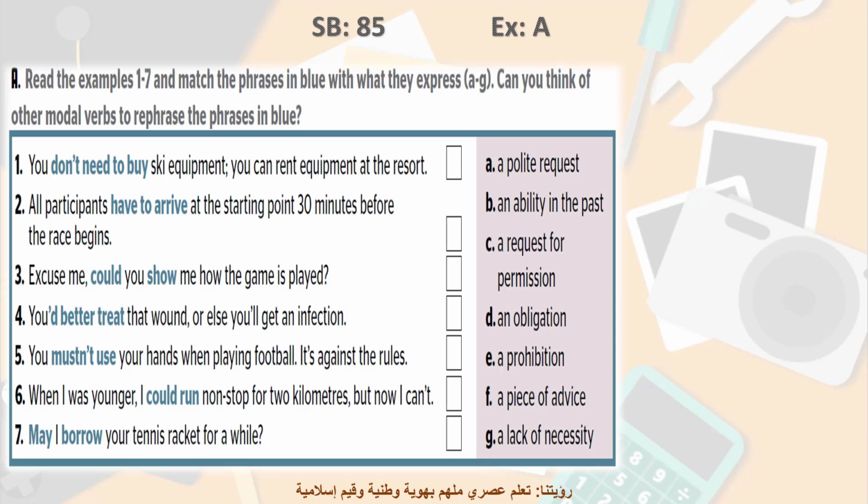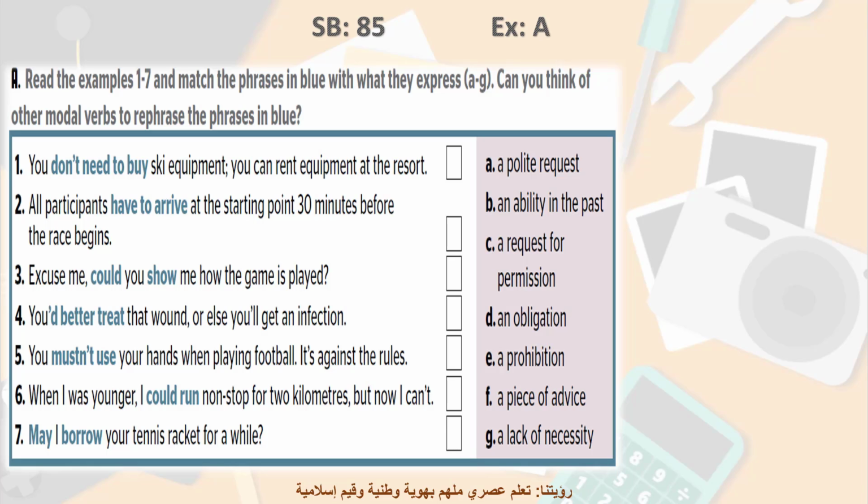On the right, A. Polite request. Polite request means طلب مهذب. يعني ماذا تقول عندما تريد أن تطلب شيئا من شخص بطريقة مهذبة. B. An ability in the past. ability يعني قدرة في الماضي.